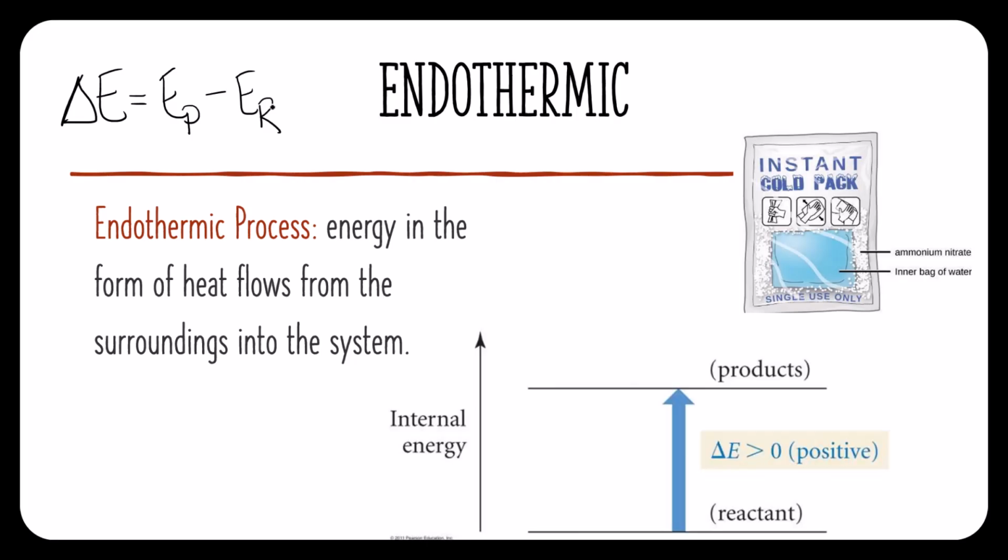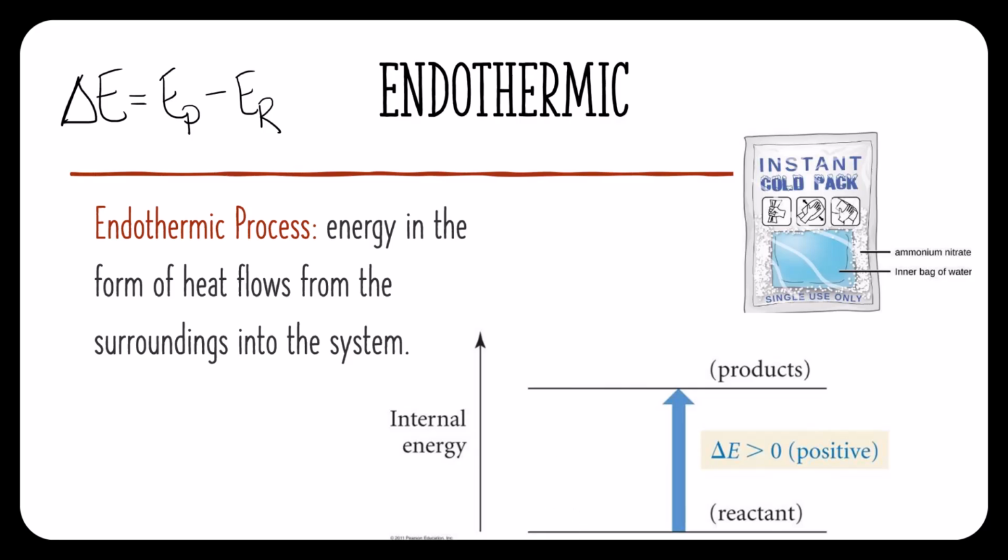And we're going to look at our energy diagram. So again, bottom to top, energy goes up. So in this case, we see that our products are high in energy, our reactants are low in energy. So to get from our reactants to our products, energy is going to have to enter, or we're going to have to add energy to the system. So in this case, the change in energy would be a positive value.